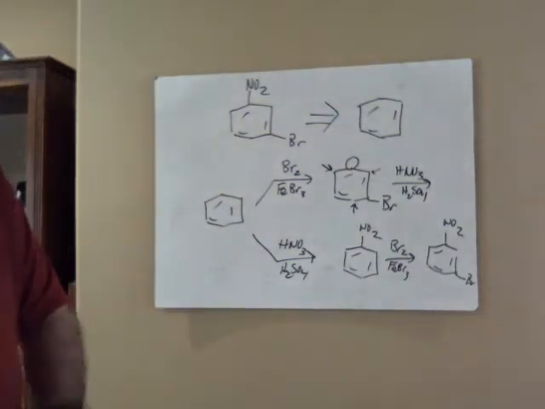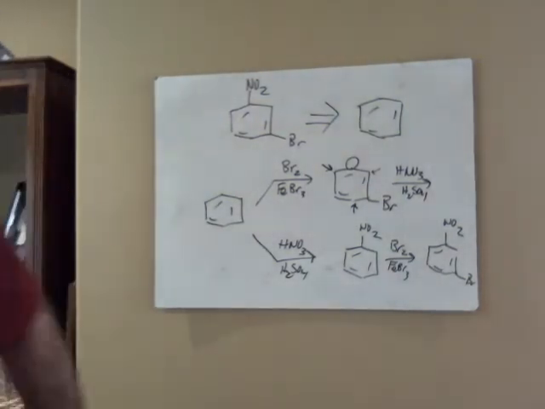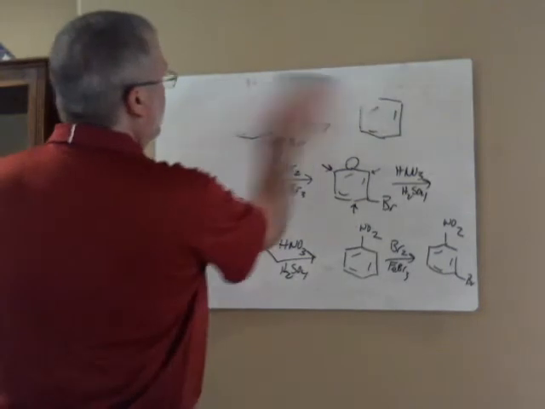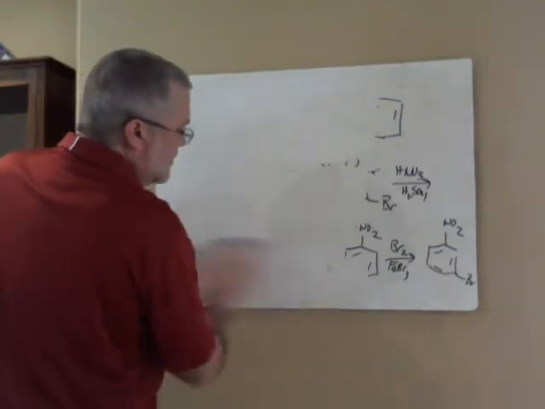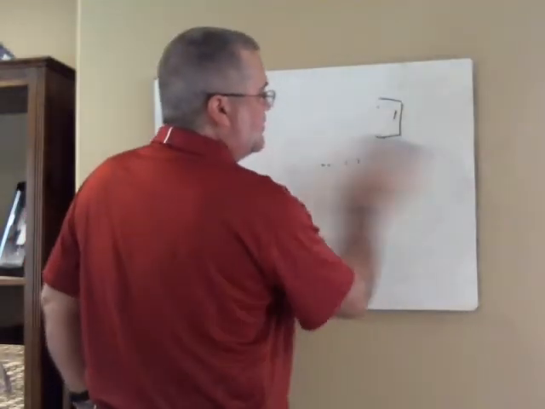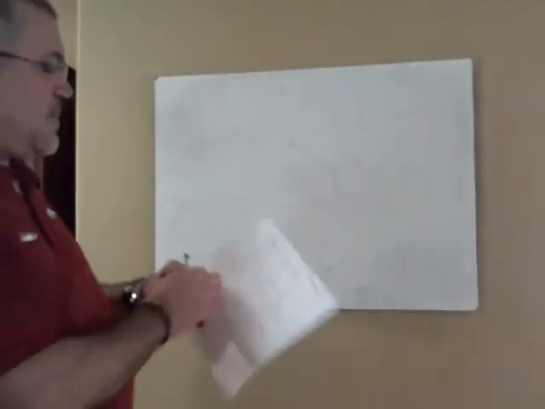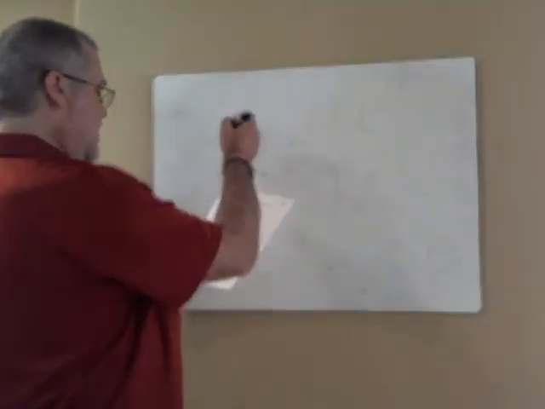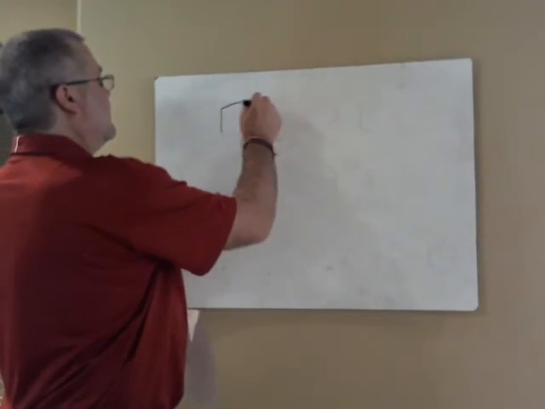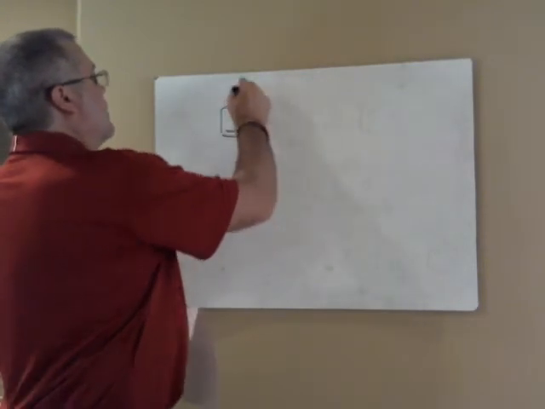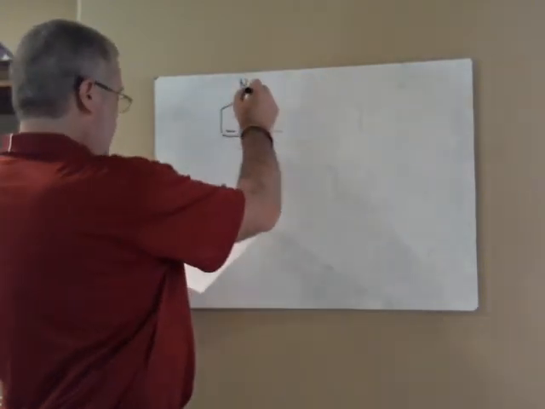Okay, and so another couple examples just to bring that home, because there may be situations where synthetic utility reactions come into play. Okay, so for example, let's say that I wanted to do this synthesis. It's going to be related to the other.